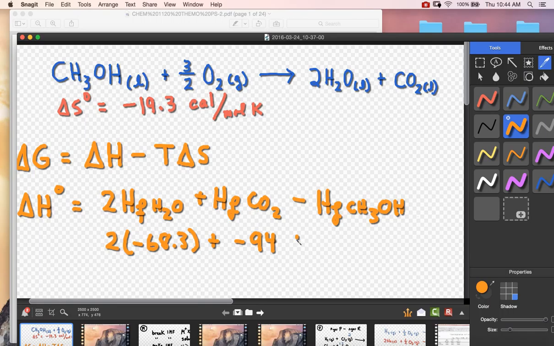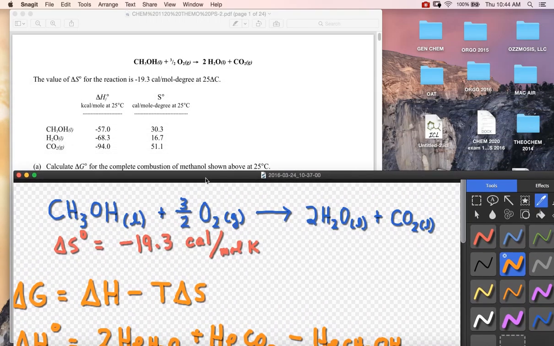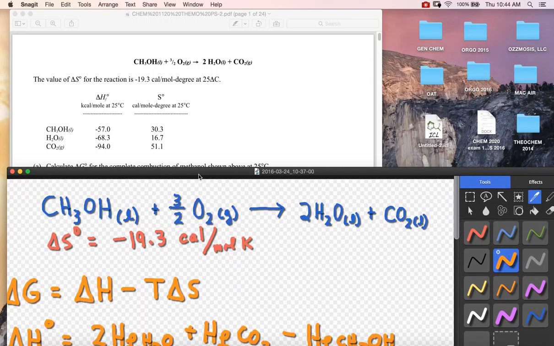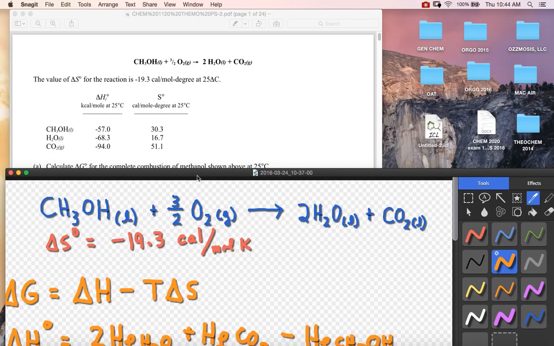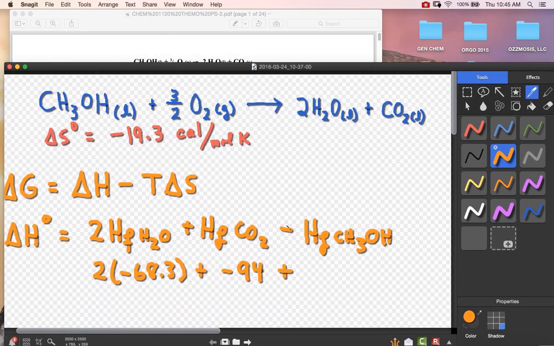Minus a minus will be plus. Notice these H of formations are always going to be exothermic because they're made from their standard elements, which will be 0, which means that all the bond forming processes will be exothermic. So it shouldn't surprise us that all of these delta H of formation values are negative. That actually is in line with what we know about bond making and bond breaking processes.